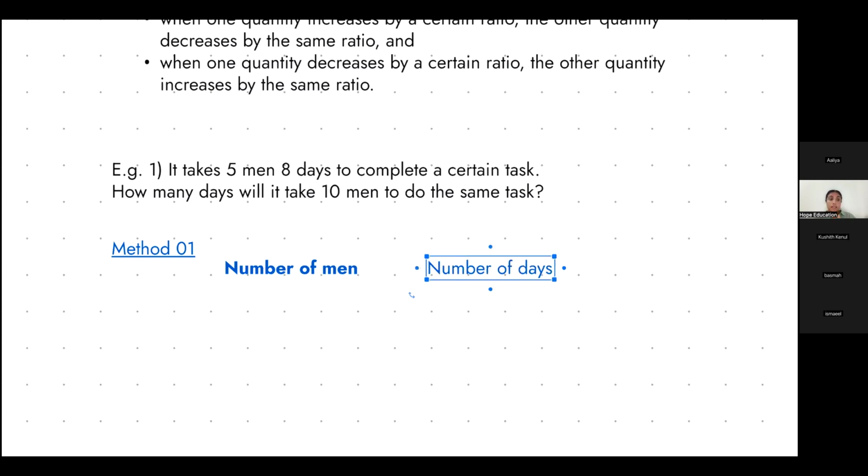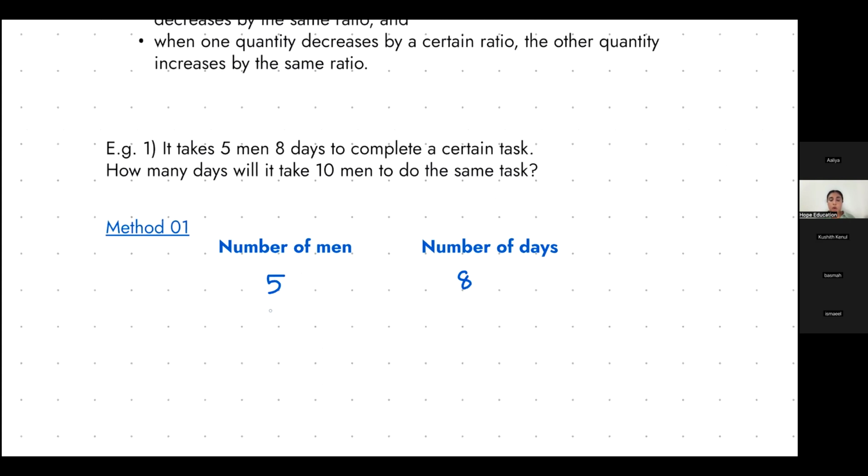Okay. Then we are going to list. So if it was 5 men, they will require 8 days. If it is 10 men, how much time will they require is what they're asking. How many days? X.